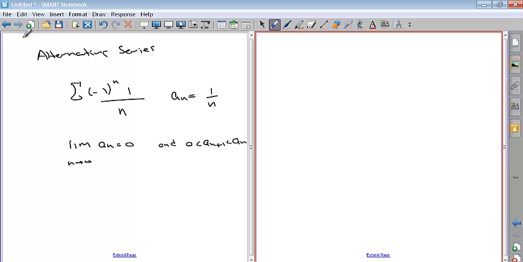Now there is one where you have to find the radius of convergence, and find the interval of convergence.